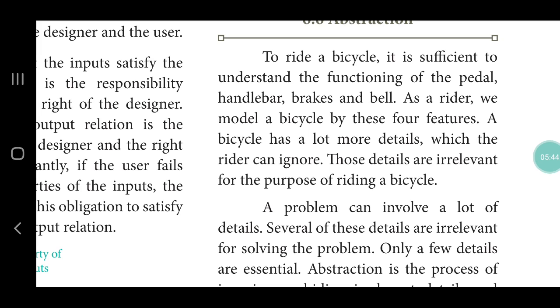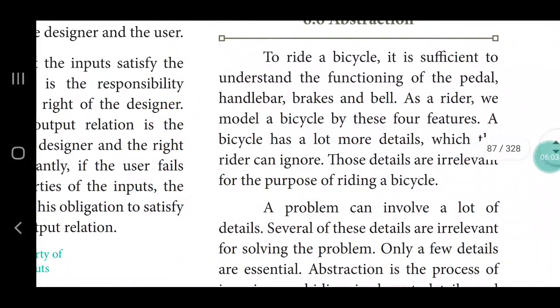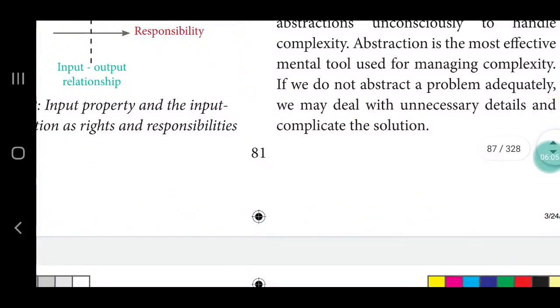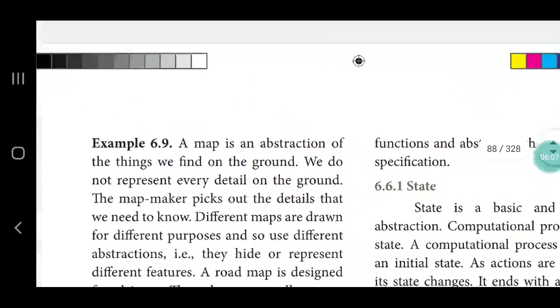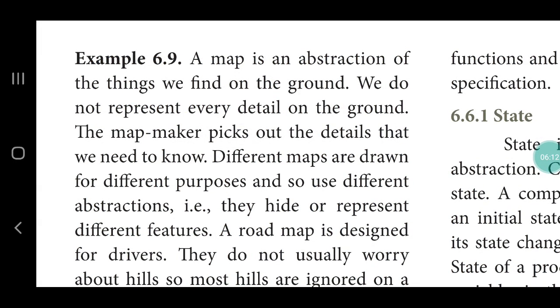Like that, a problem can also have a lot of details. Only the relevant details of the problem need to be known to the programmer. The other irrelevant details are not necessary for solving the problem. For example, suppose we are designing a map software or an app.